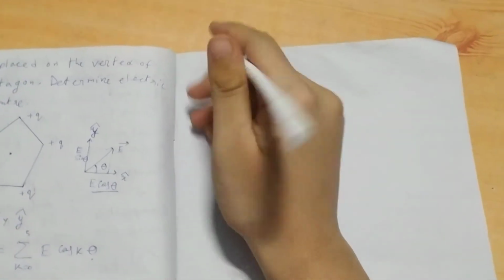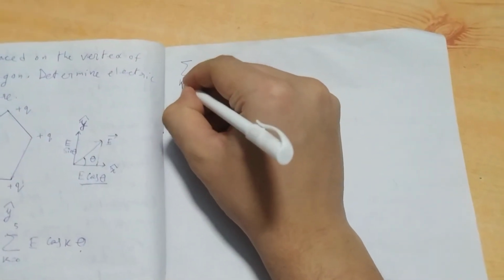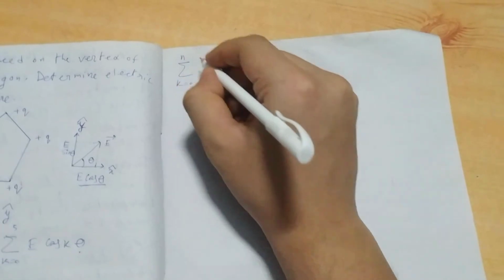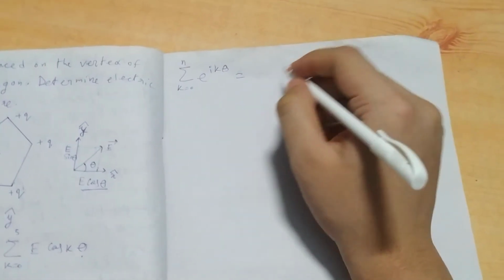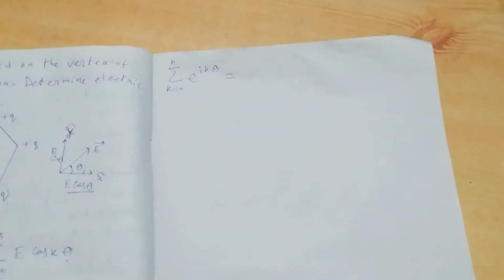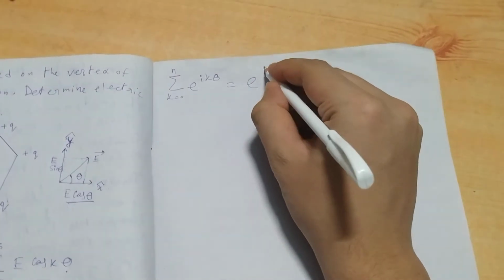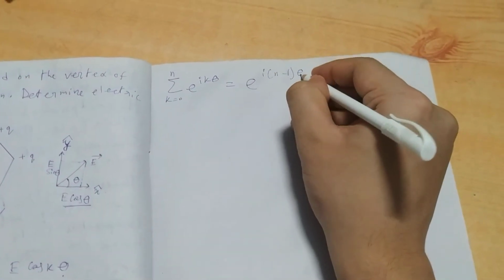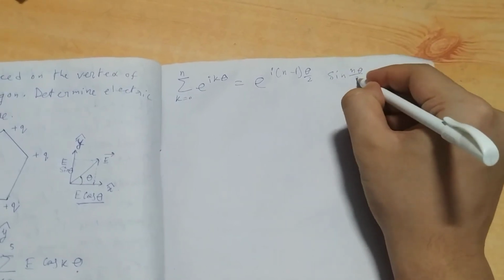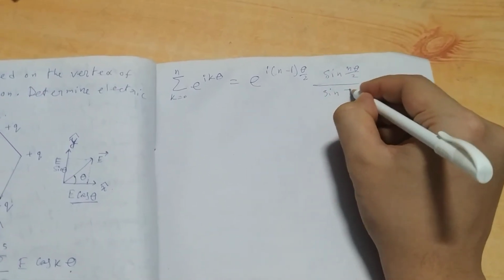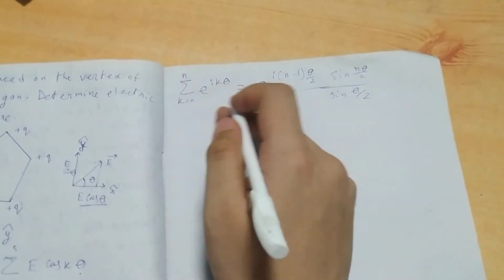Let's write that line once again. This was the line originally, it was e to the i k theta, and now we get e to the power i (n minus 1) theta by 2 times sin n theta by 2 by sin theta by 2.